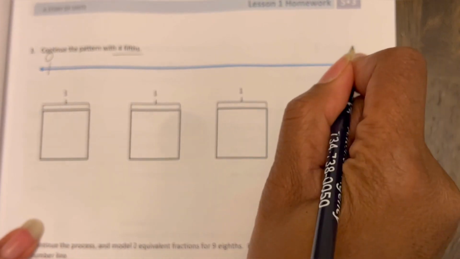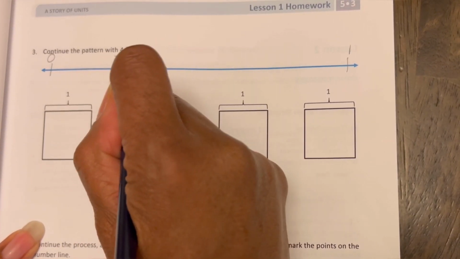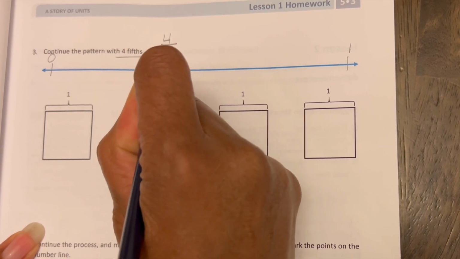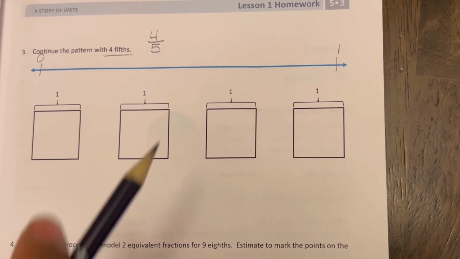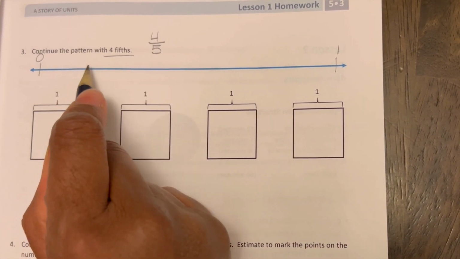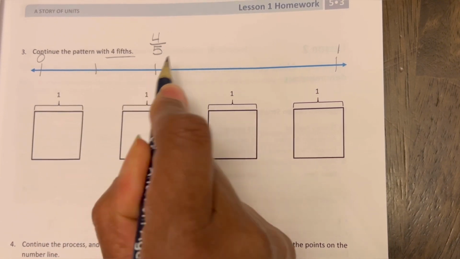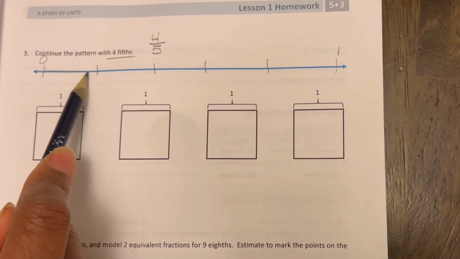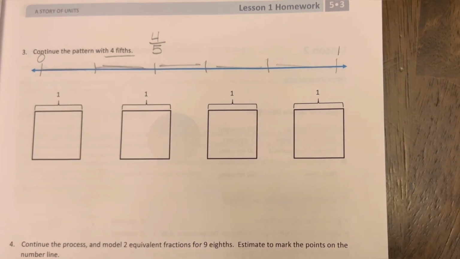And since we're doing 4/5, this is unit form, so we're going to put it in fraction form. 4/5 is simply 4/5. So we have our number line. So to make it fifths, you're going to have to do 4 dashes. Try to make it as even as possible. 2, 3, 4. And that will give us our 1, 2, 3, 4, 5 parts, 5 units, okay?